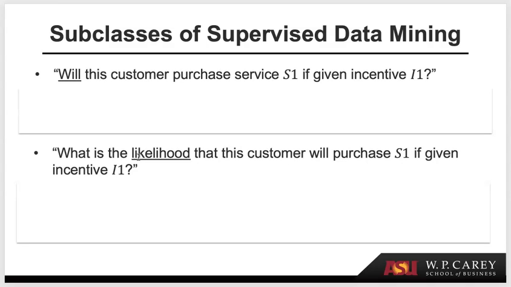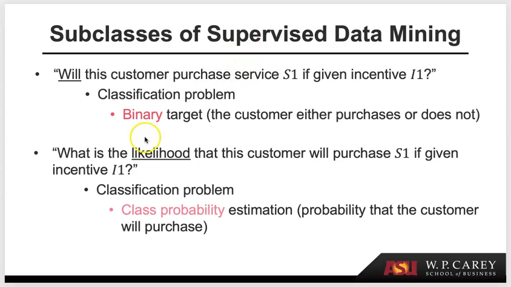But still, if you think about the target outcome, the target outcome you observe is either the customer purchases the service or not, which is categorical, yes or no. So the second question can be answered by a regression, no, a classification model. Right, does that make sense?